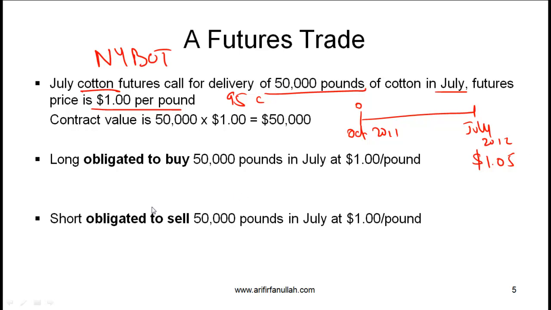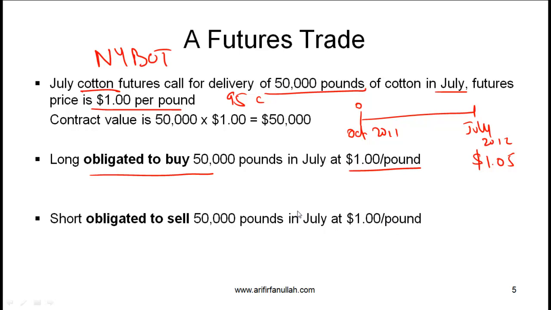So just to hammer in the point, if we have this one contract for cotton, so worth 50,000 pounds, the long is obligated to buy 50,000 pounds in July at $1 per pound, and the short is obligated to sell 50,000 pounds in July at $1 per pound.